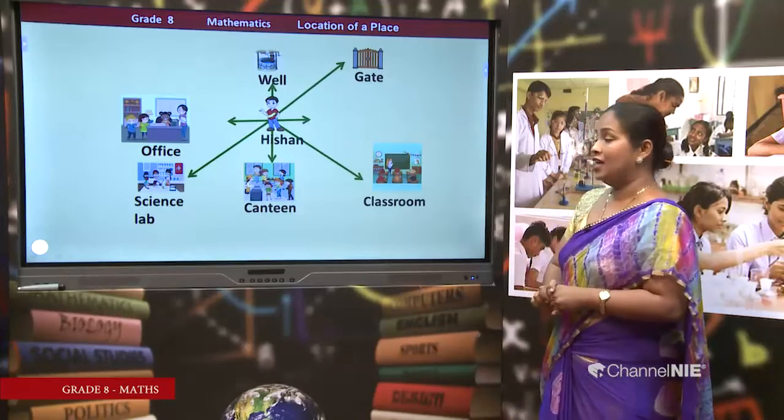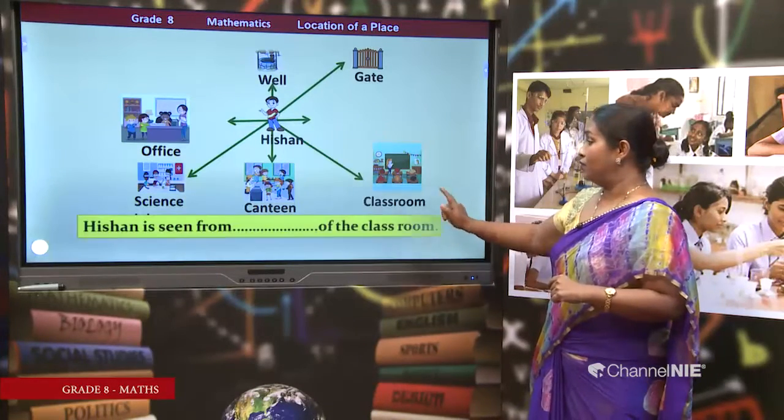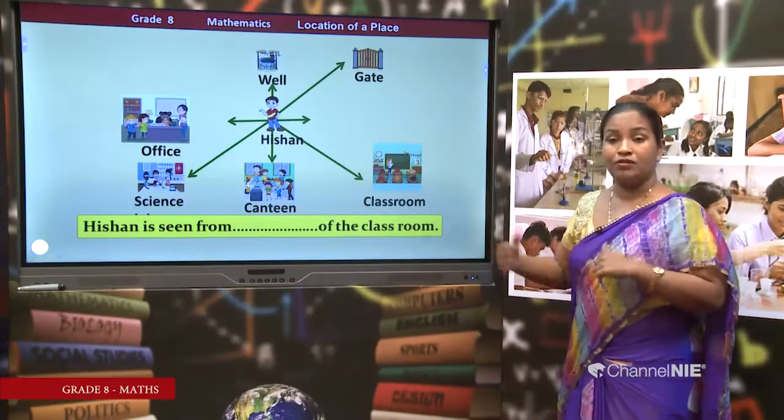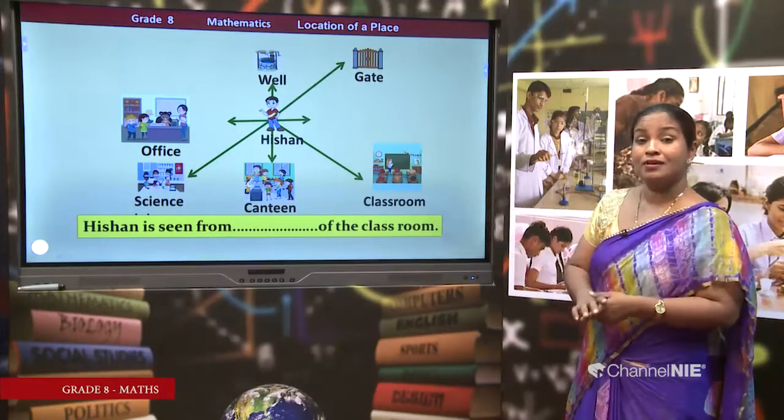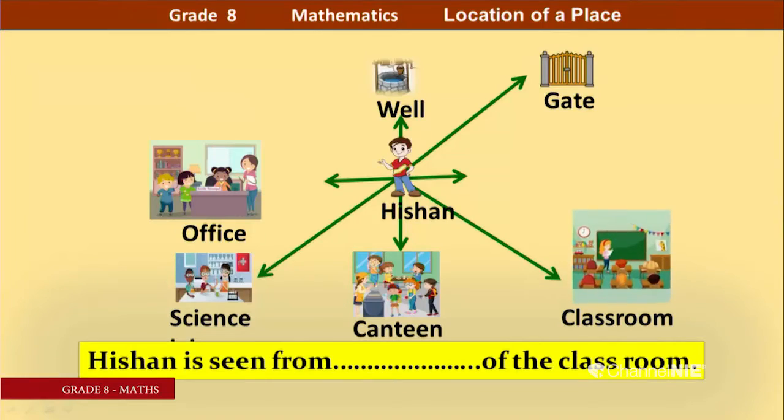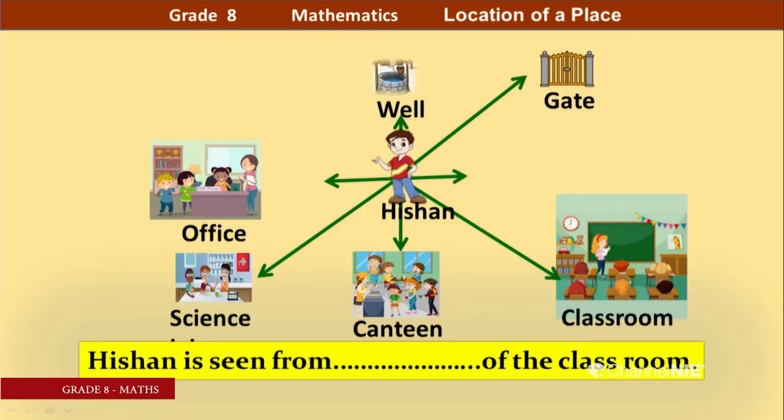Then we will see from the classroom. Now, you are at the classroom, you have to look at Hishan. What is the direction? Hishan is seen from which direction now? He is seen from northwest of the classroom.